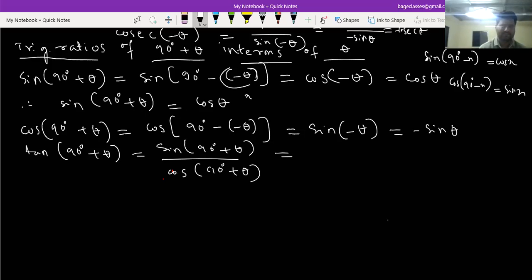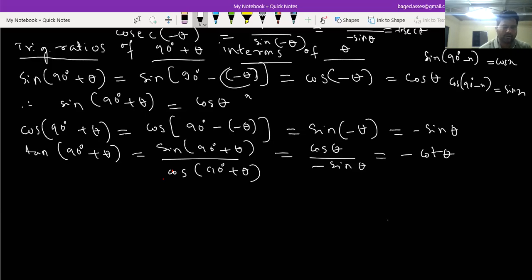What you have: sin 90 plus theta is cos theta, divided by cos 90 plus theta, which is minus sin theta. Therefore, plus by minus is minus. Cos by sin is cot. So tan 90 plus theta is equal to minus cot theta.